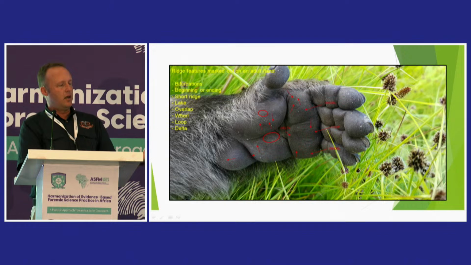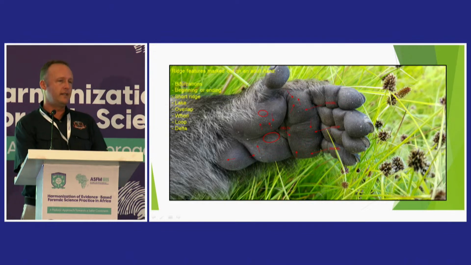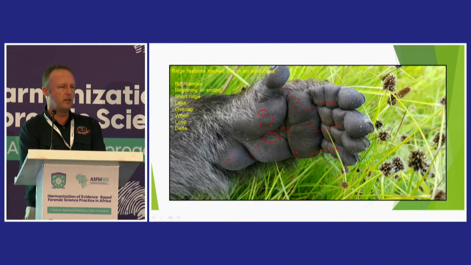So I went from Cape Town to the Eastern Cape. I traveled 800 kilometers to get a nice photo of this male baboon. I marked out significant fingerprint ridge features that can identify him to a crime scene or to his troop: bifurcations, beginnings or endings, short ridges, lakes, overlaps, whirls, loops, and deltas.